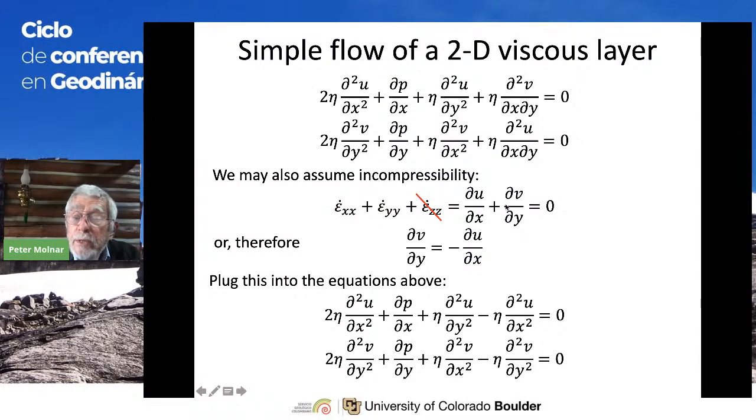The yy strain rate is simply the partial of v with respect to y. That sum is equal to 0. That's incompressibility. If there was compression, then these 2 terms could amount to some other non-zero term. But one commonly assumes, and with good reason, that the medium is incompressible.